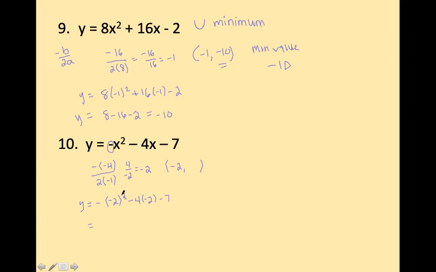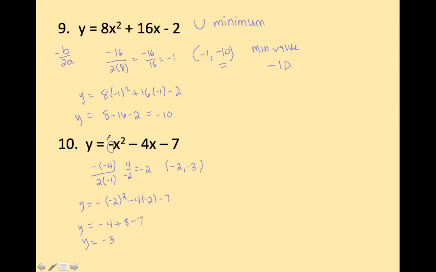Order of operations, negative 2 squared is positive, but the leading negative makes it negative 4. Negative 4 times negative 2 is positive 8, minus 7. So I'm going to keep going. Negative 4 plus 8 is 4. 4 minus 7 is negative 3. All right, so that's my vertex.